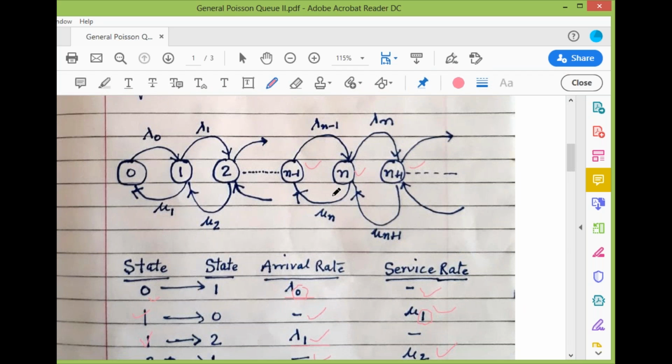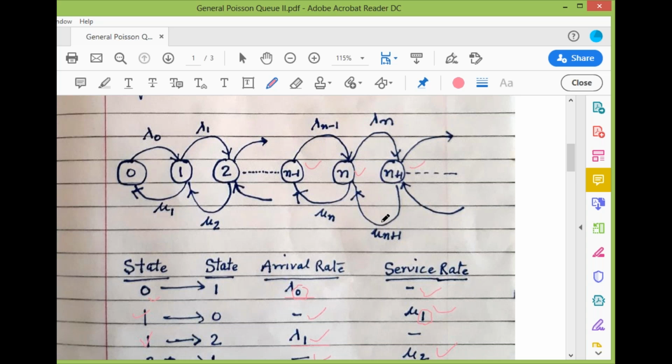Lambda n minus 1 is the arrival rate, and the departure rate from here is mu n.